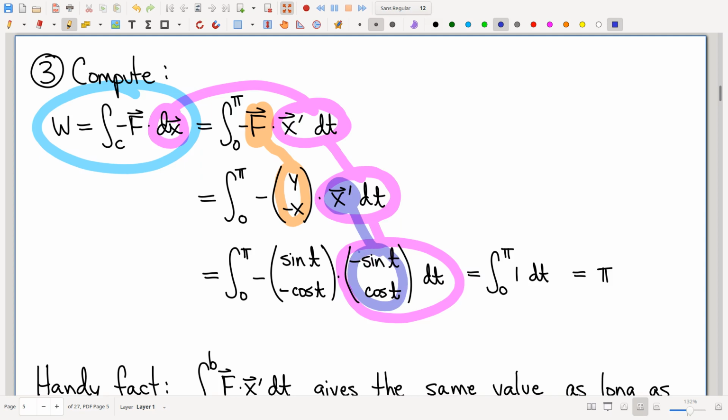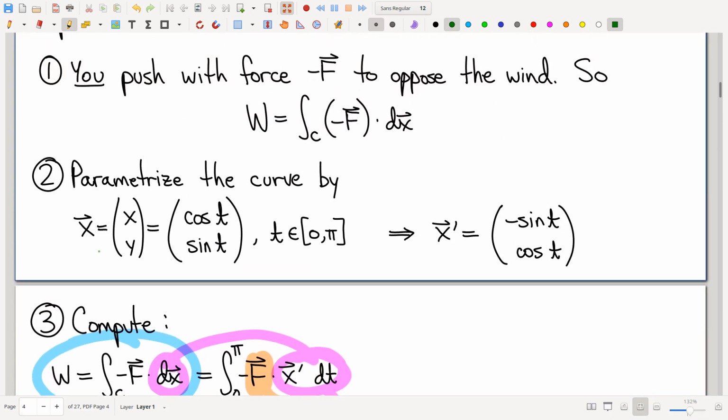All given. Right? Now, what are we going to do about the x and the y over here? Oh, gosh, I'm running out of colors again. Guess I can use dark green. What am I going to do about this y right there? What is y? Don't forget, the parameterization is what tells you that. The whole point of the parameterization is it tells you position as a function of time.